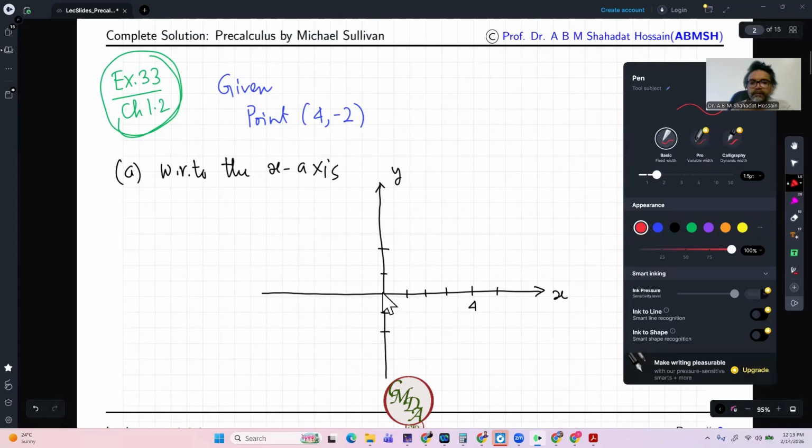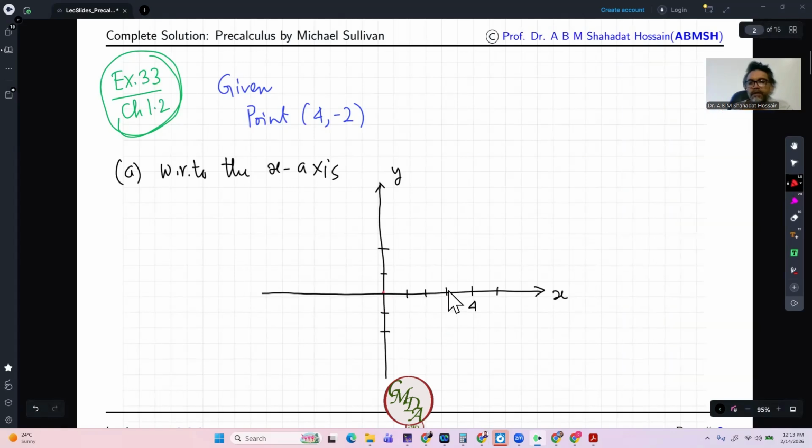The point is 4 units to the right from the origin and then 2 units down. So this is our given point 4, minus 2.